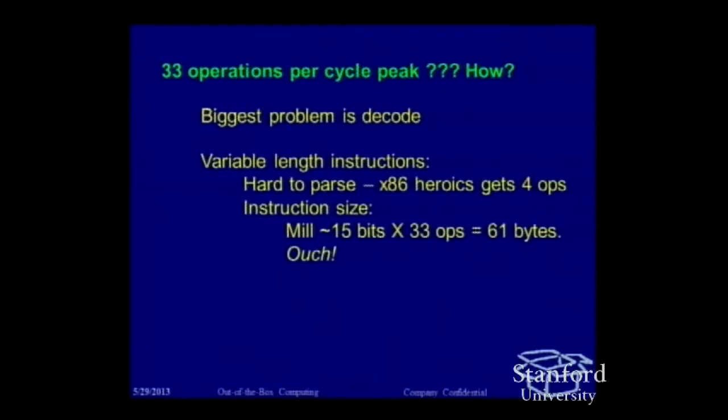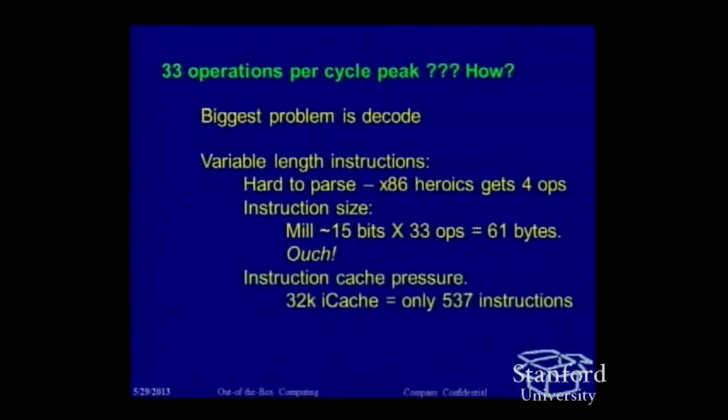So that's a little painful too. And the instruction cache pressure, well, we've doubled the available number of instructions in the cache, but we're still nowhere near 1,000 instructions. So let me digress a little bit in order to explain how we get around this.